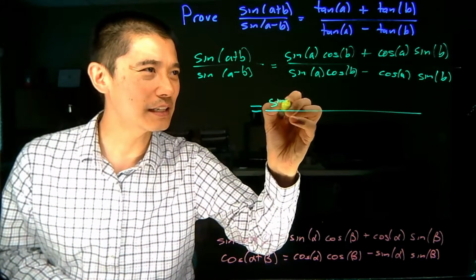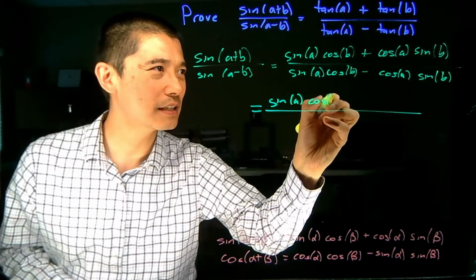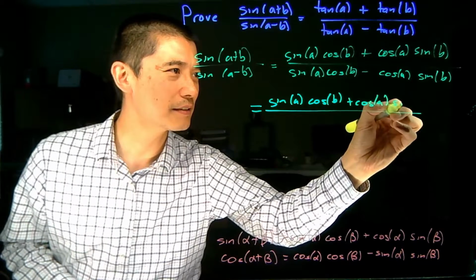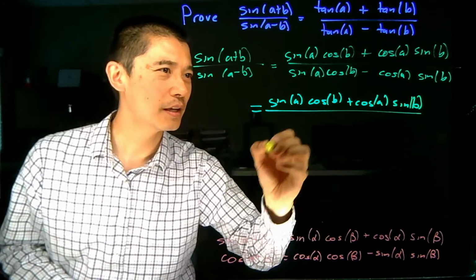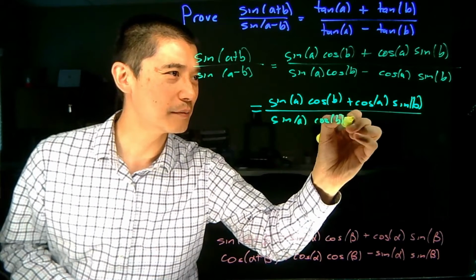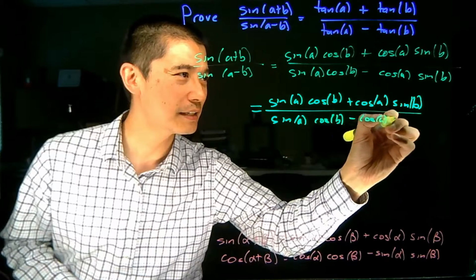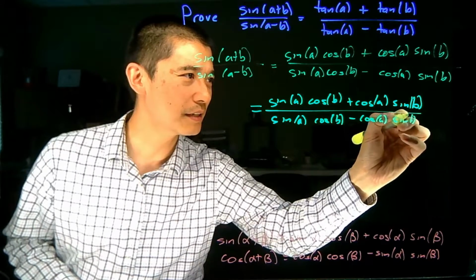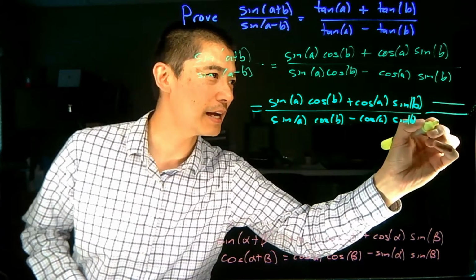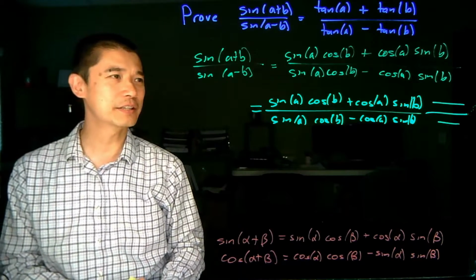So sine A cosine B plus cosine A sine B, and then on the bottom, sine A cosine B minus cosine A sine B. And we're going to multiply top and bottom by some sort of fraction.